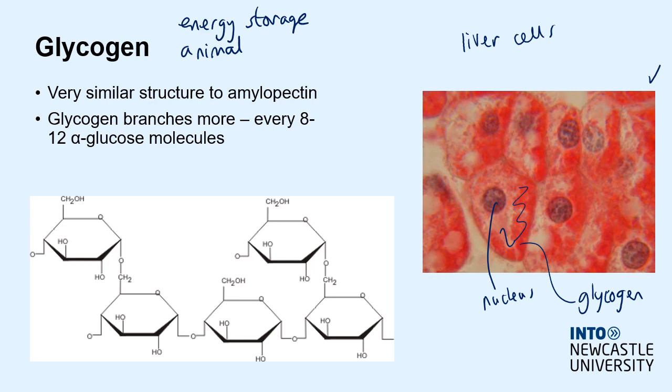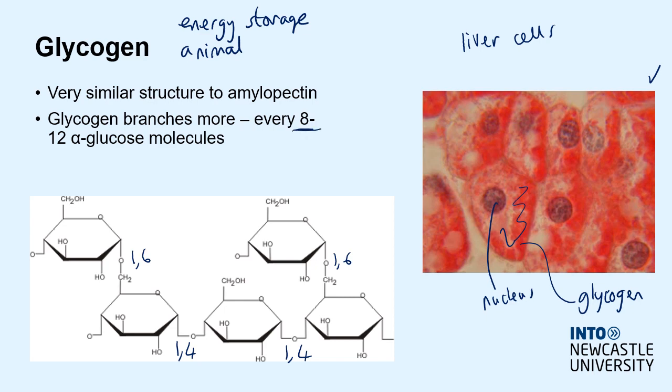The structure of glycogen is very similar to amylopectin, in that we have the 1,4 glycosidic bonds, and we also have the 1,6 glycosidic bonds. The difference is it branches more than amylopectin. Amylopectin was branching every 24 to 30 alpha glucose residues.